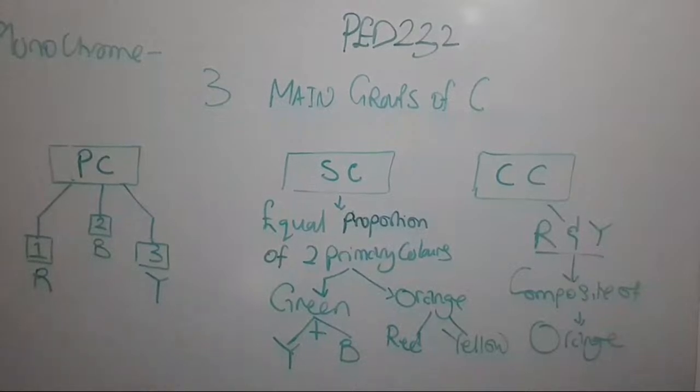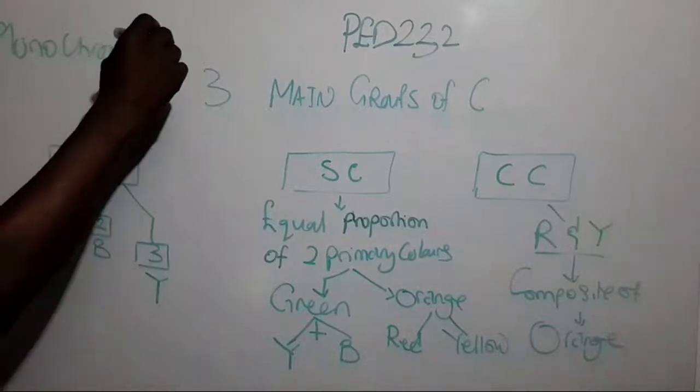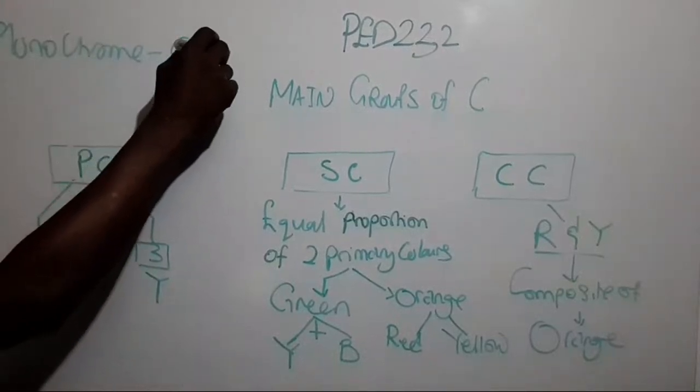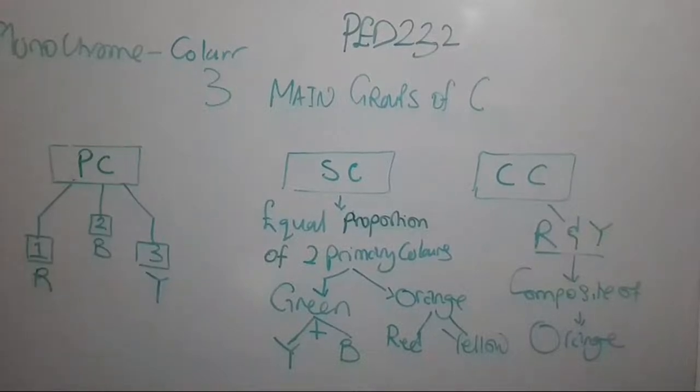A monochrome is made up of a color with different shades.